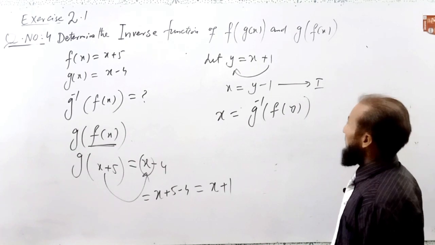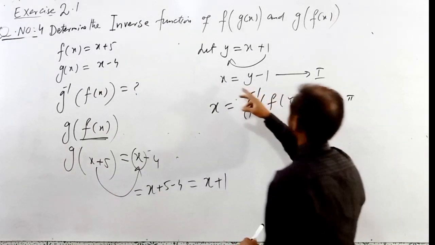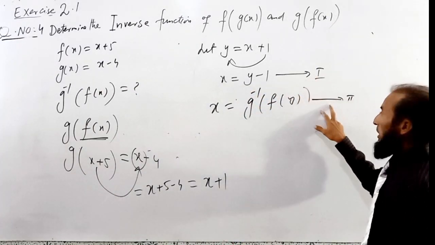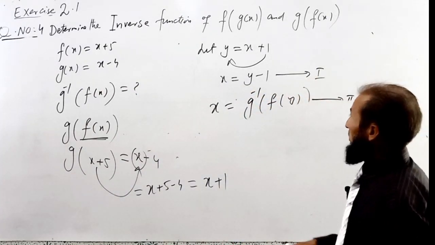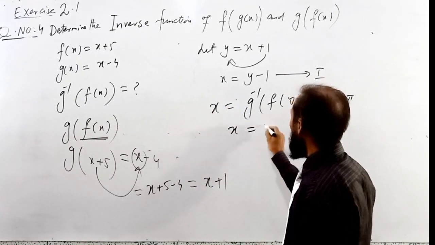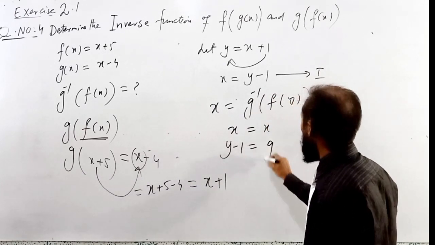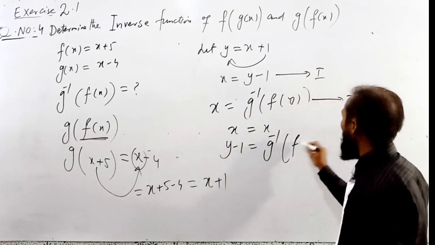So it means that if we compare equation number 1 and equation number 2, the left hand sides are equal, x is equal to x. So it means that y minus 1 is equal to g inverse of f of y.